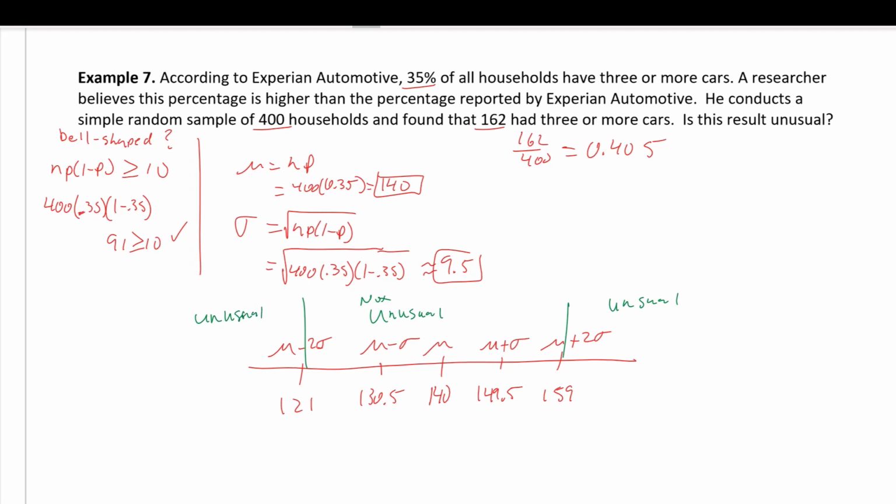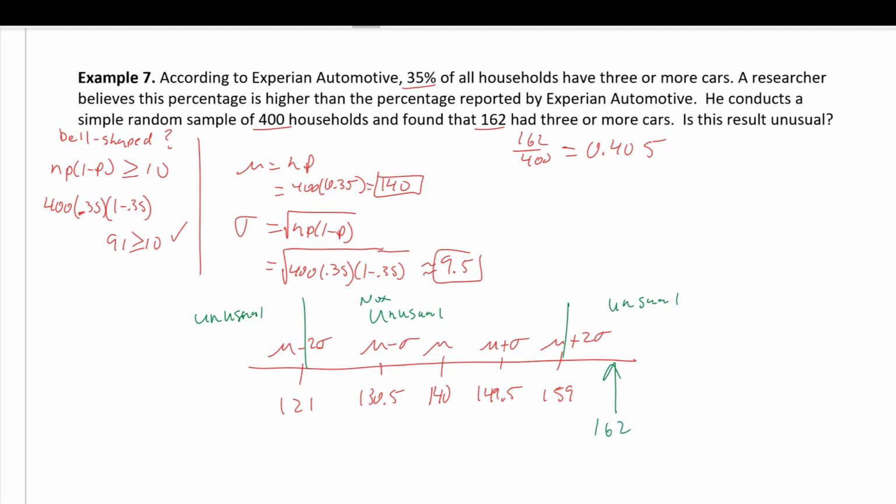So if you go up to 400 households, 95% of the time, you'll come back with anything between 121 and 159 to be the number of households that have 3 or more cars, according to that 35% statistic that Experian Automotive claims or suggests, right? Well, he came back with 162. Well, 162 is around here, right? That's in that unusual range.